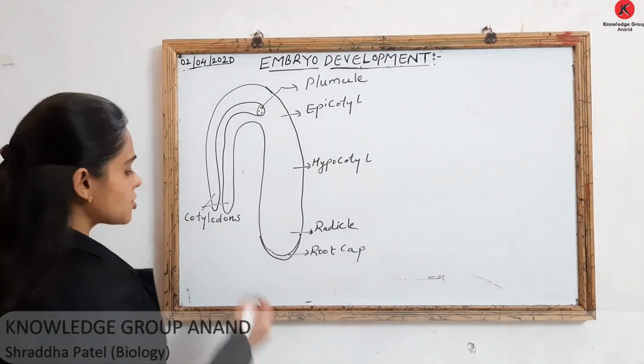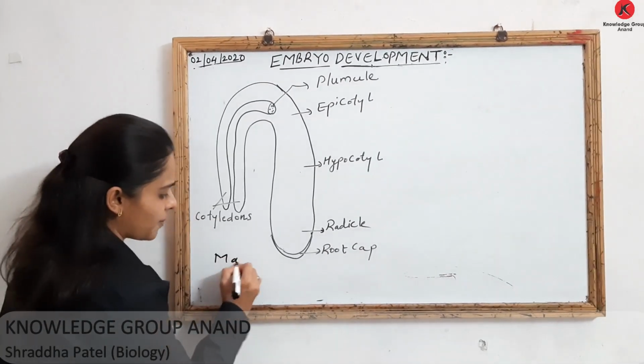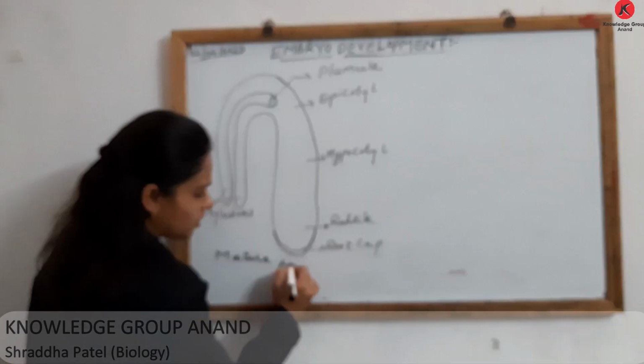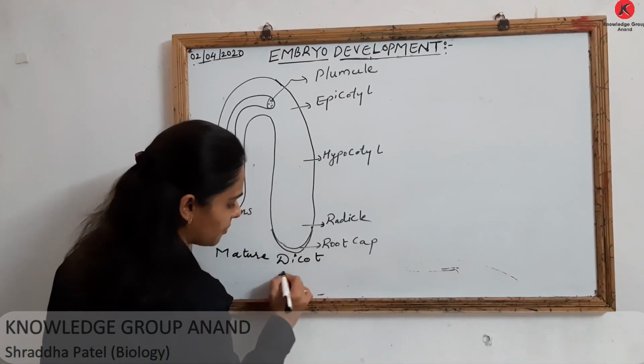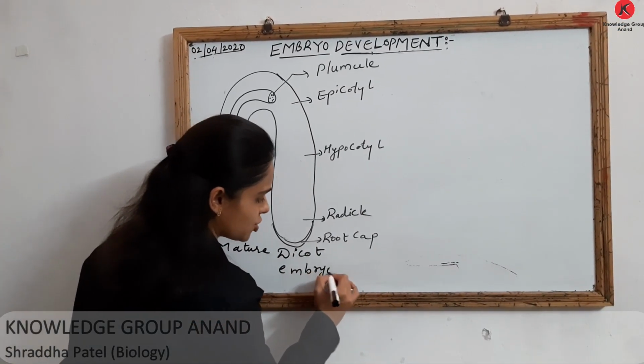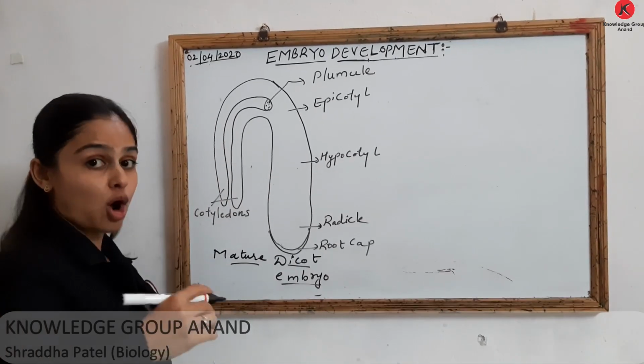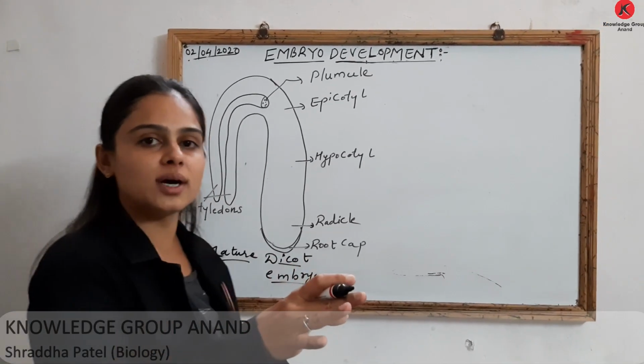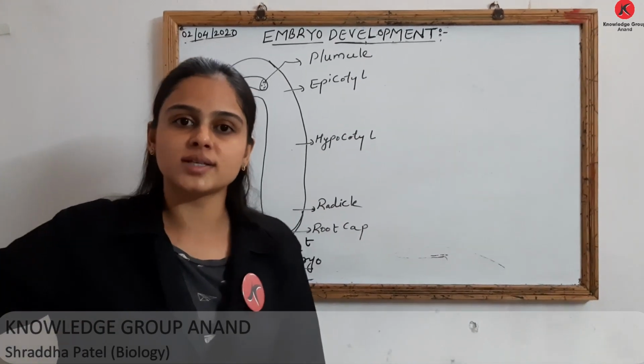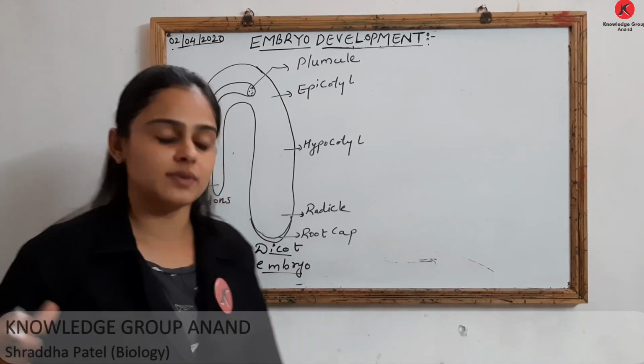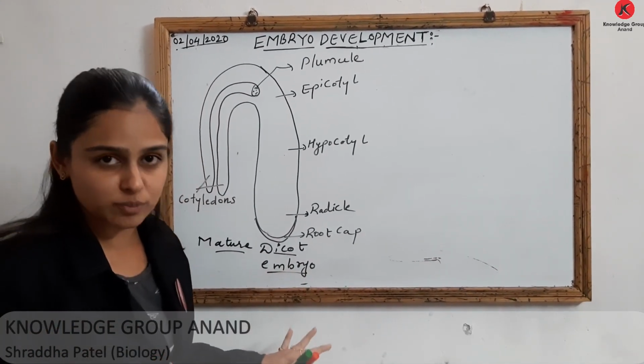So this is the structure of your mature dicot embryo. ठीक है. अभी मैंने आपको बोला था it goes through series of changes, globular, heart shape, then we will get mature dicot embryo. Okay.